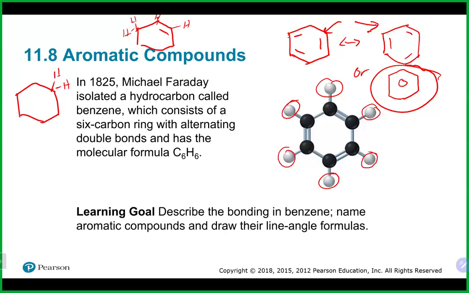Yeah, and they have other things attached to them, but the basis of what it is, almost like the longest carbon chain, it has at least that benzene ring in it. Now, sometimes, as we will see, the hydrogens are substituted out for something else, and it will have a different name.